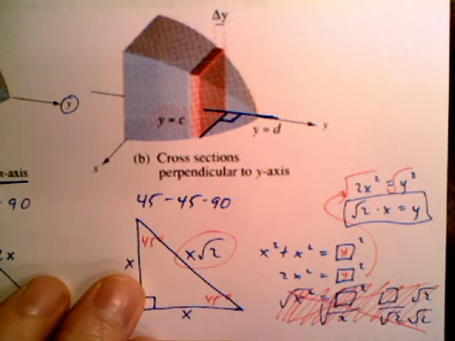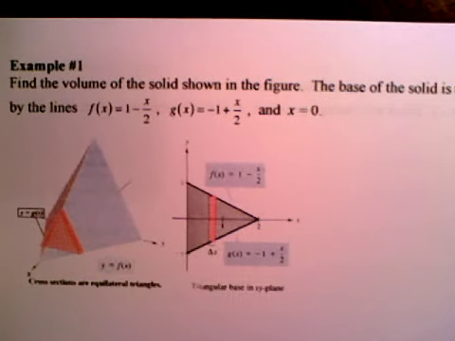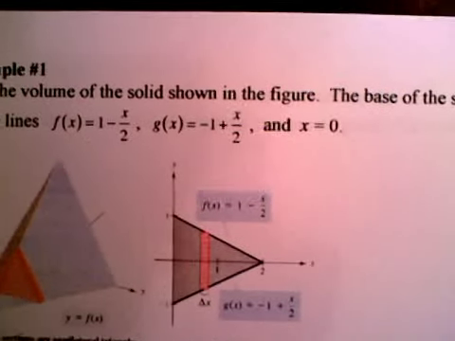Let's turn the page and tackle this first example. We're finding the volume of the solid shown in the figure, and it's really hard to see, so let me zoom in a little bit.